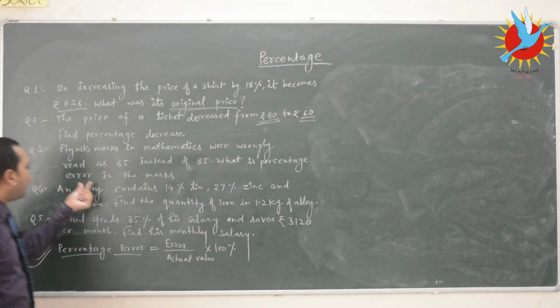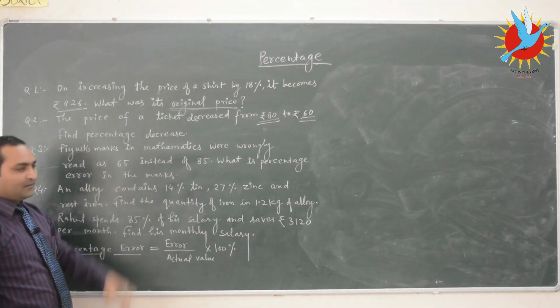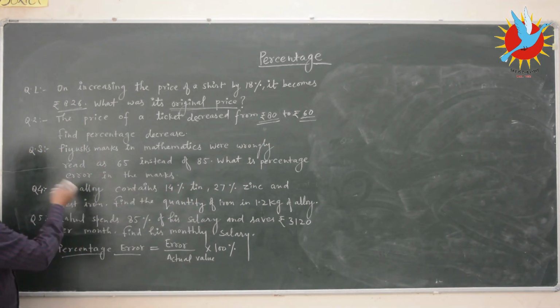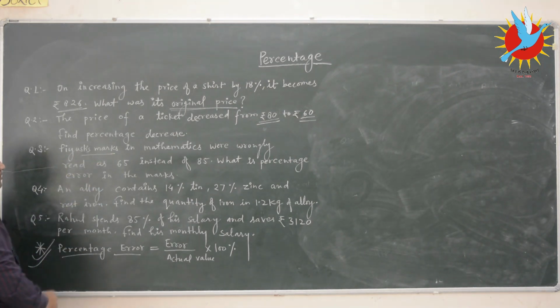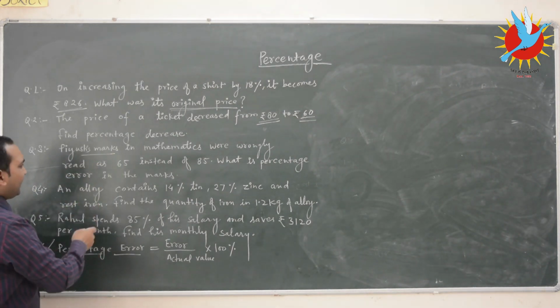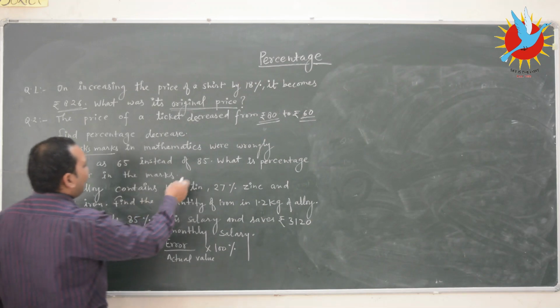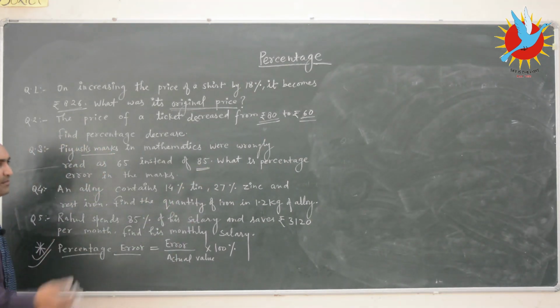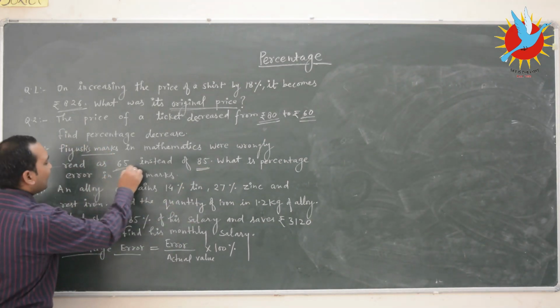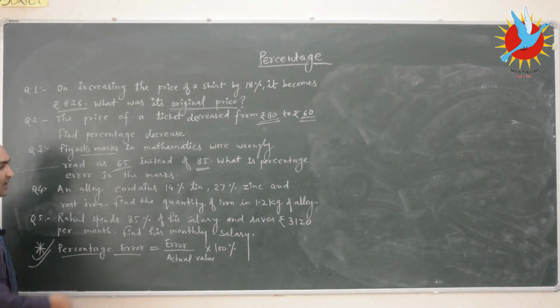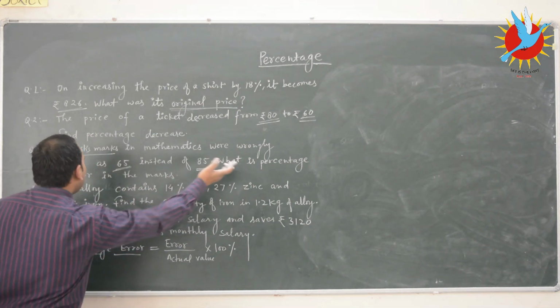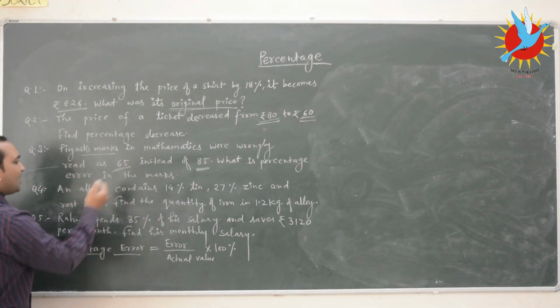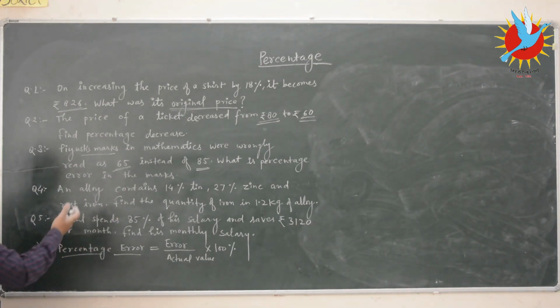What is the percentage error in the marks? It means the original marks of Piyush in mathematics was 85, but by mistake it was read as 65. So we find what is the percent error in the marks.